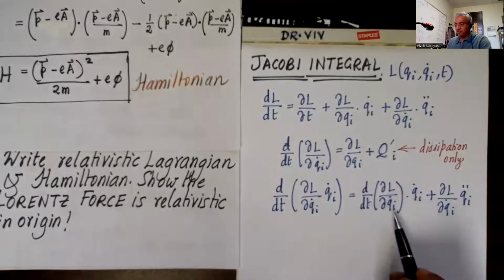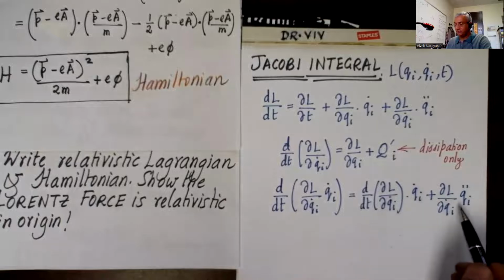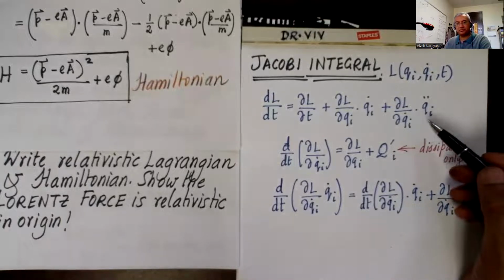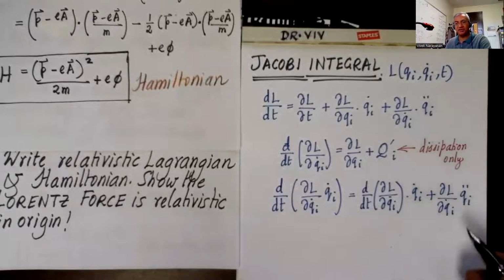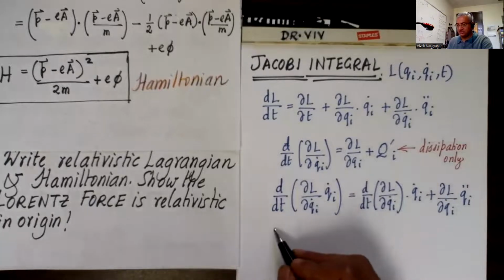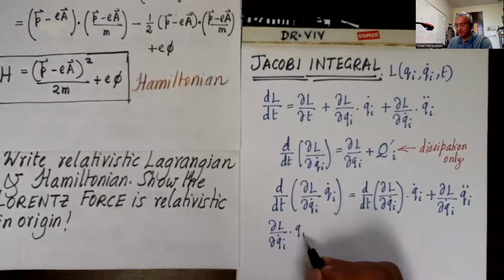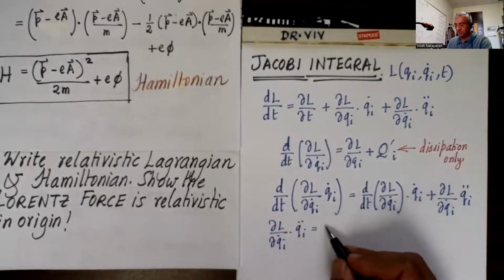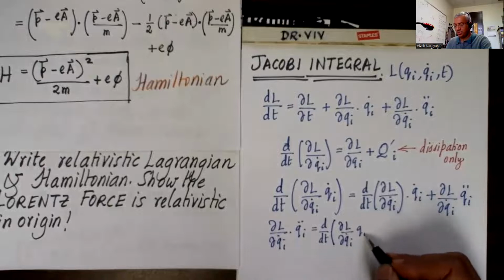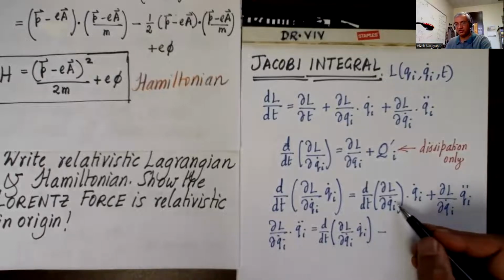So this term I have over there, the Qi double dot term. Instead of the Qi double dot term, I'm going to substitute these things here. So del L over del Qi dot times Qi double dot is simply equal to d by dt of del L by del Qi dot times Qi dot minus this thing here.